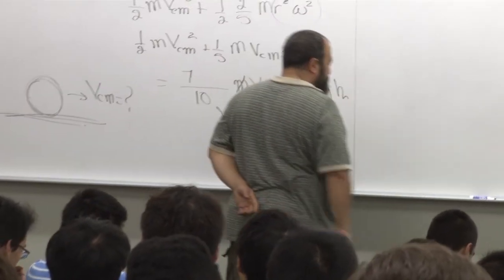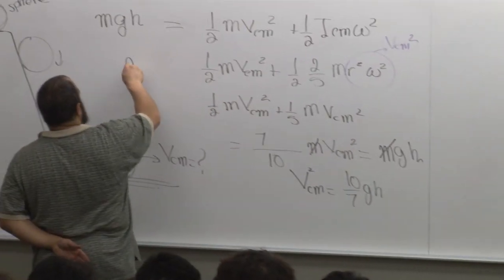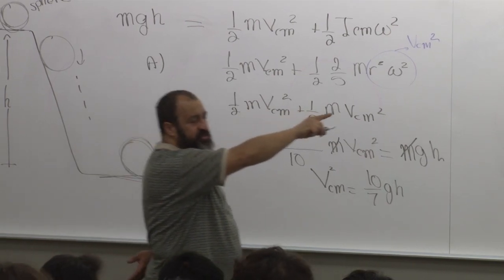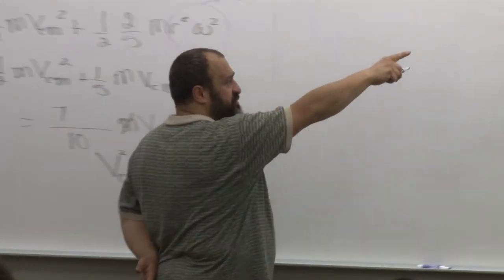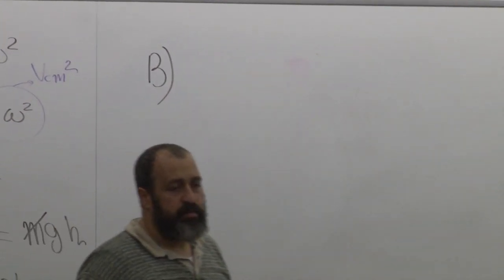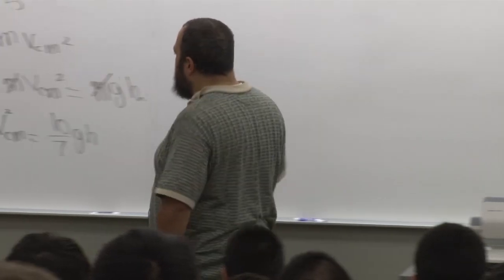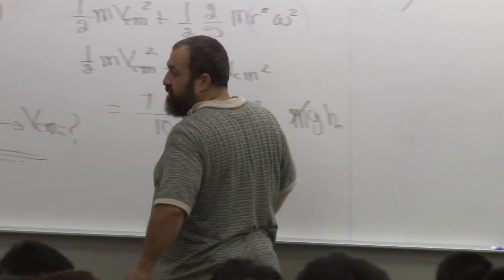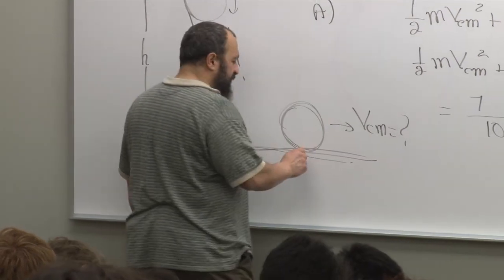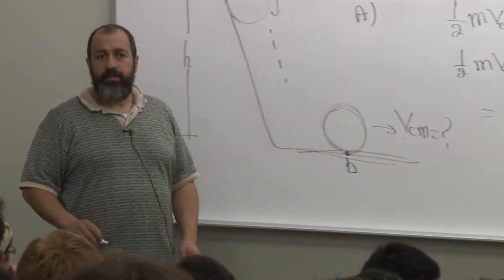Okay, this was approach A. Guys, approach B follows the same arguments. Please do it on your own right now. In approach B, we say that the entire motion is simply a rotation about the point at B. Please pay attention.